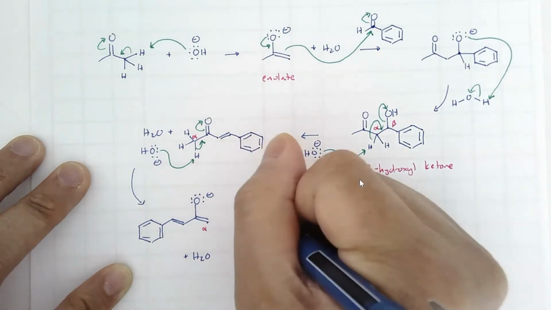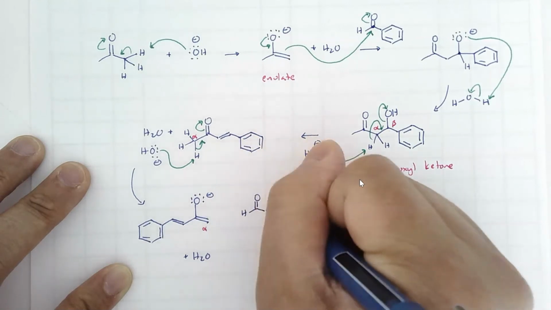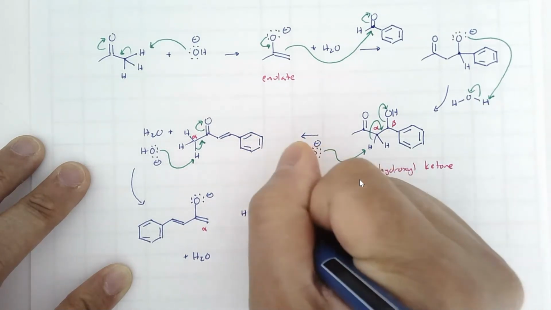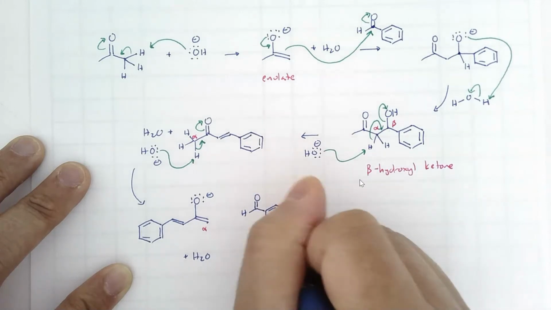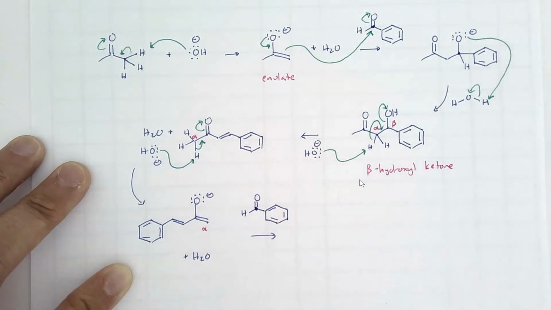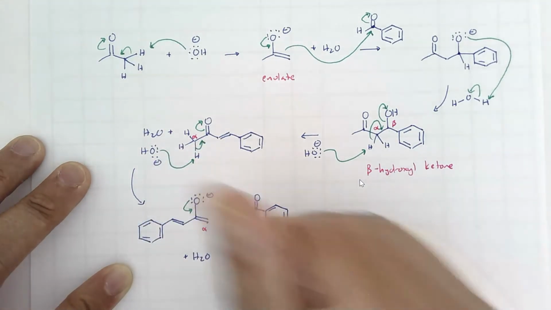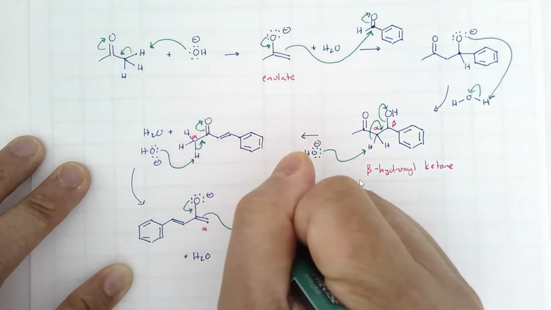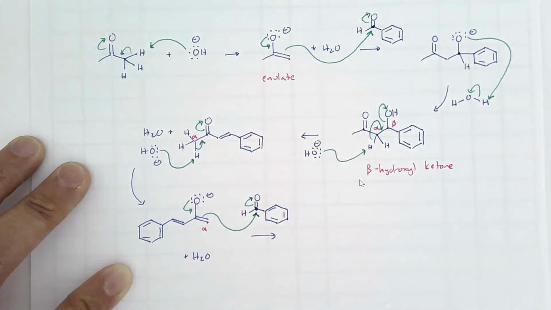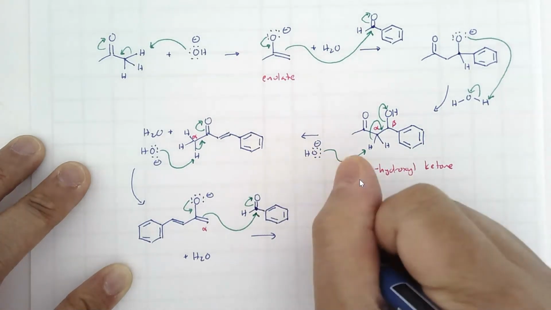If you want to pause the video and see if you can do the rest on your own, that'd be great. Here's my dot. Remember how we attacked? We reformed the double bond of the carbonyl group, pi bond, up, and then we have this.